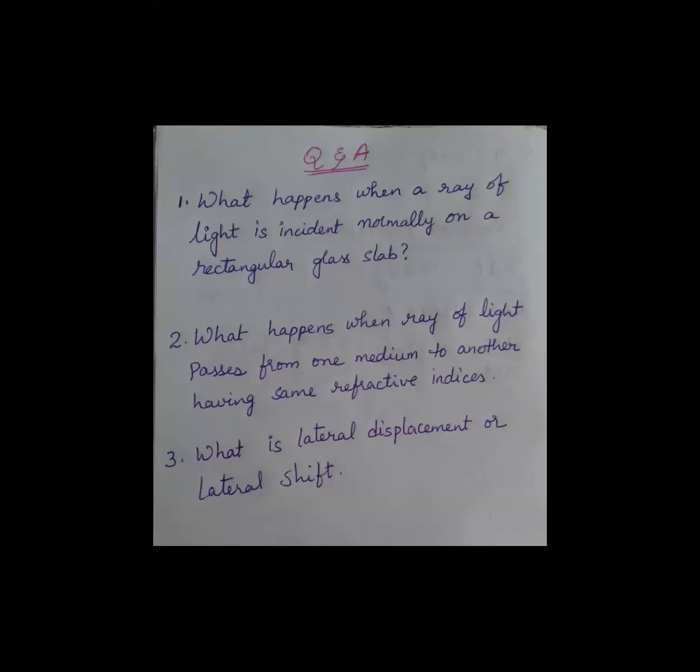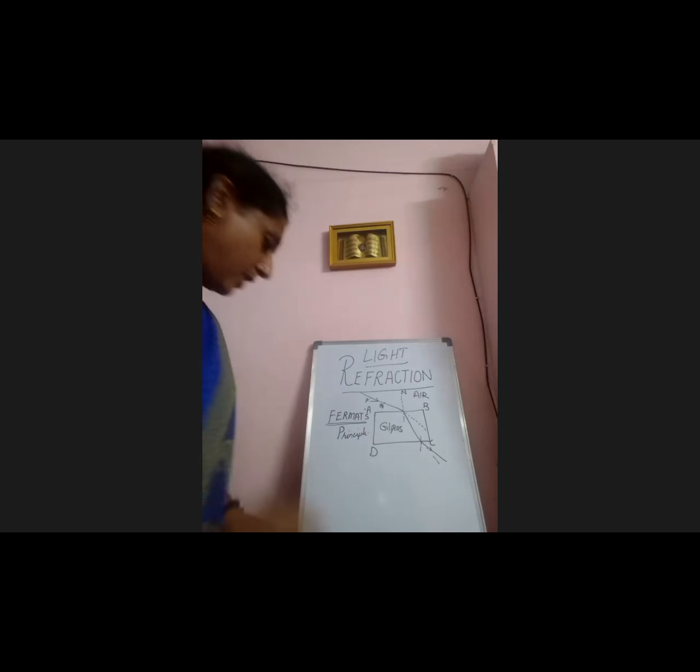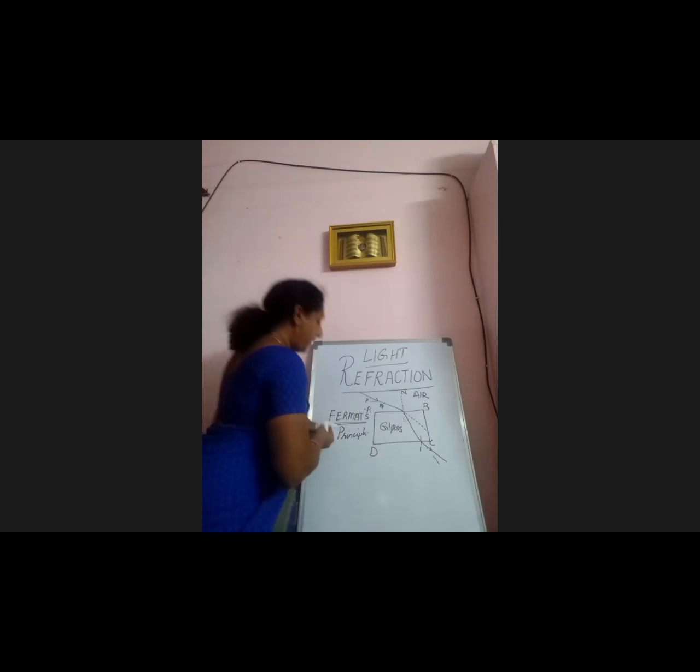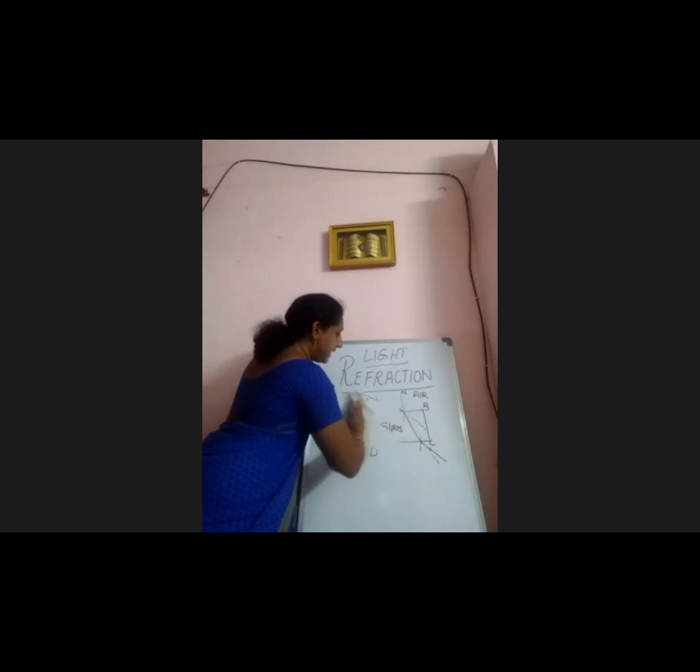What happens when a ray of light is incident normally on a rectangular glass slab? What happens to the light ray when it is incident normally on a glass slab? Normally means what?